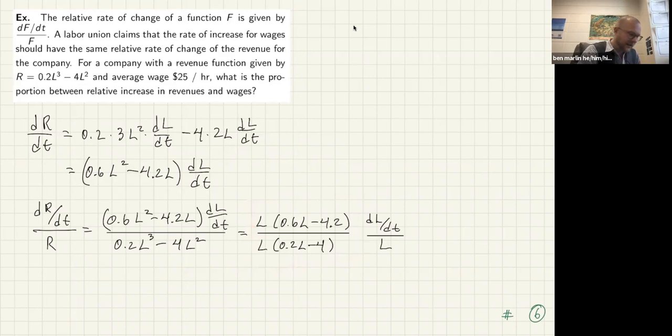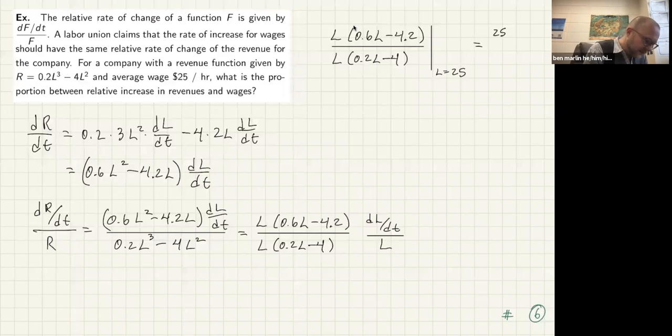That's the thing that the question is actually asking for. So I'm going to copy that and put a copy of it right here, and then evaluate it when L is equal to 25 and see what we actually get there.